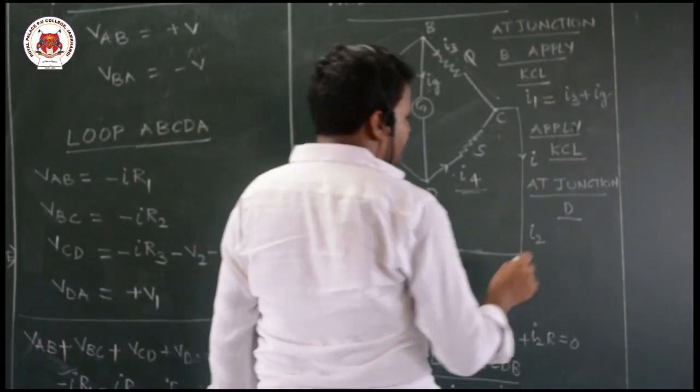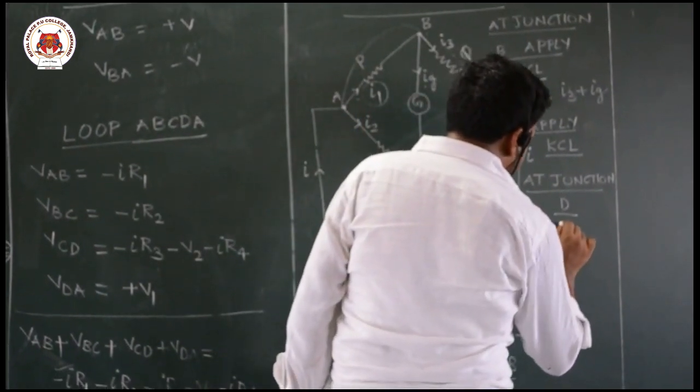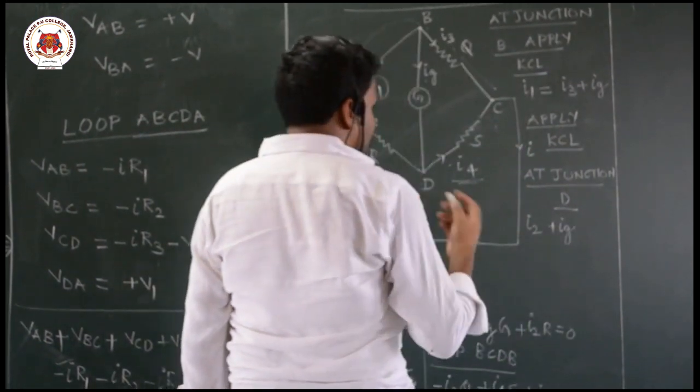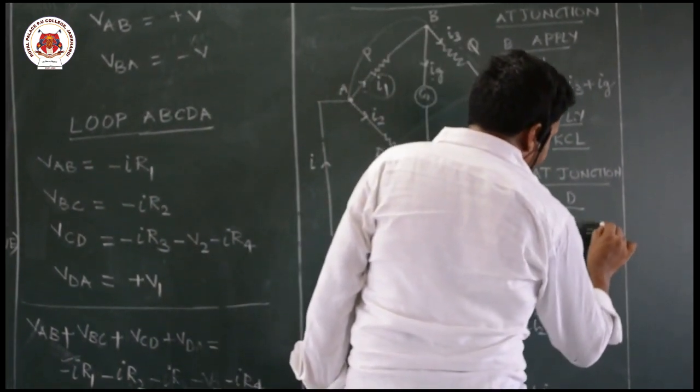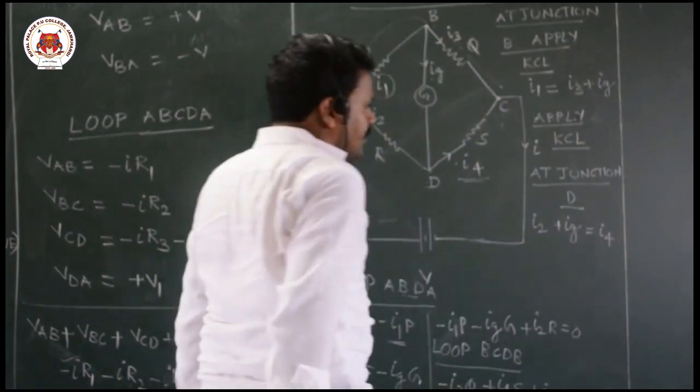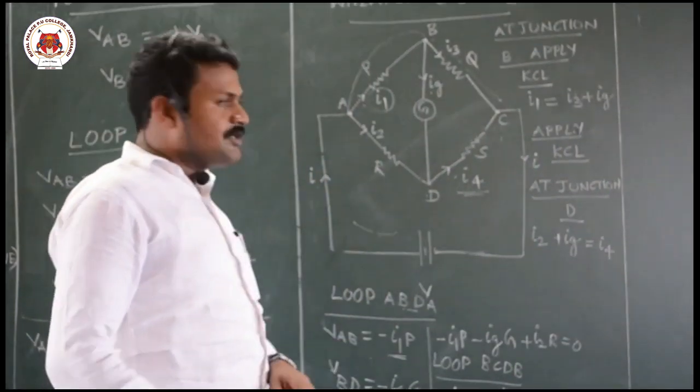I2 plus Ig, since Ig is also reaching, must be equal to I4. Okay, this is the application of the laws.